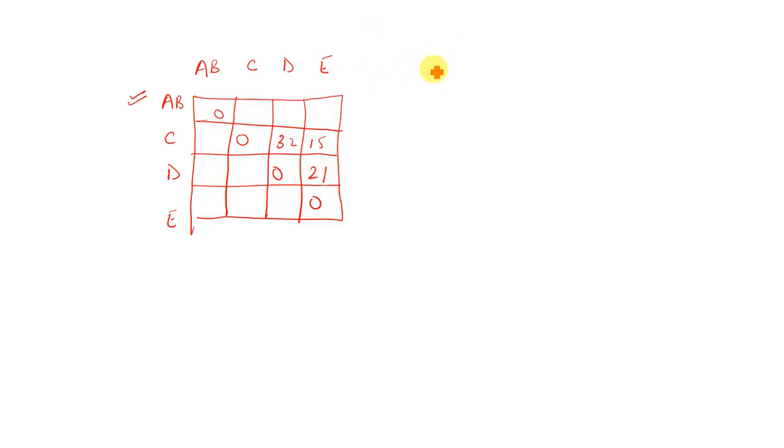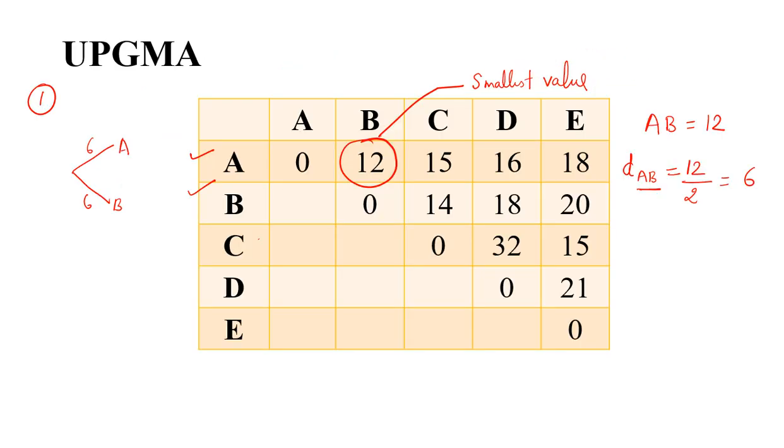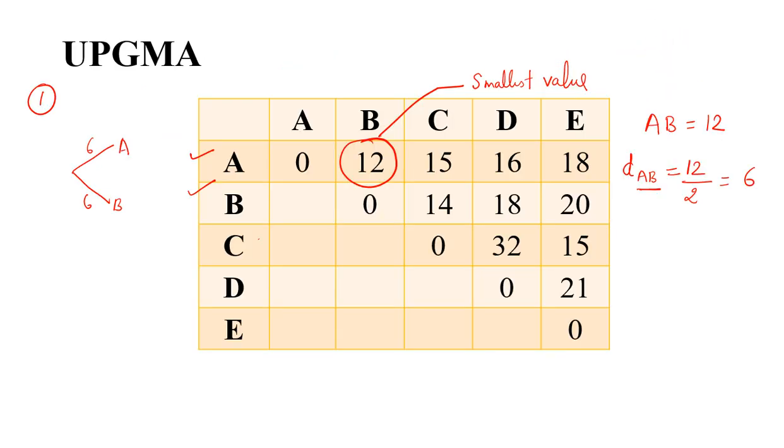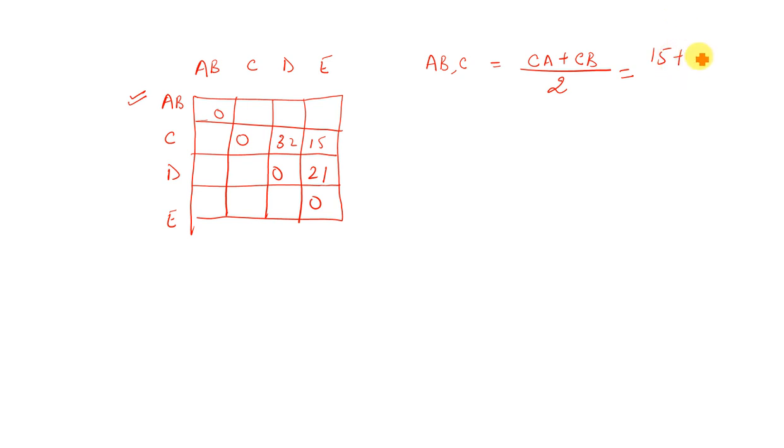To calculate the distance of AB comma C, it equals CA plus CB divided by 2. What is the CA value here? CA is 15 and CB is 14, divided by 2. So it becomes 29 divided by 2. What value do I get here?